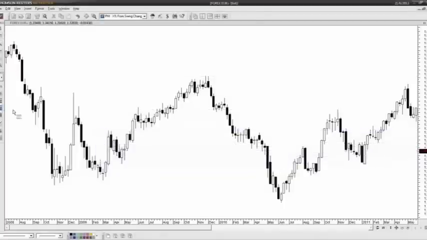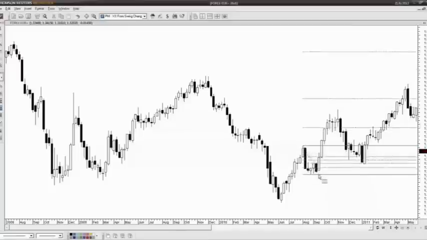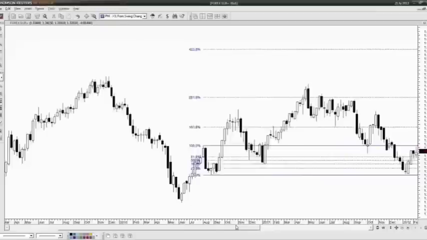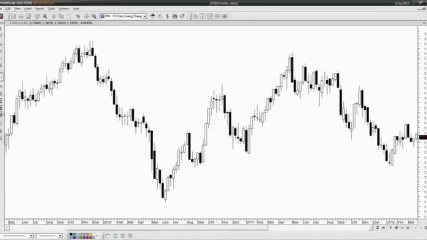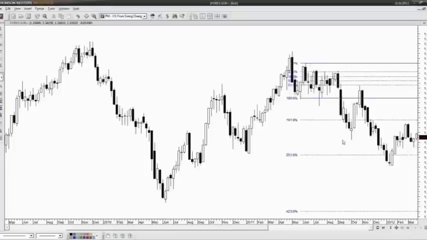Okay, again then we had another failure swing here, definitely the market 161, 261, and after that the market goes down. So again you have a swing here, 161, 261. You understand what I'm trying to say?